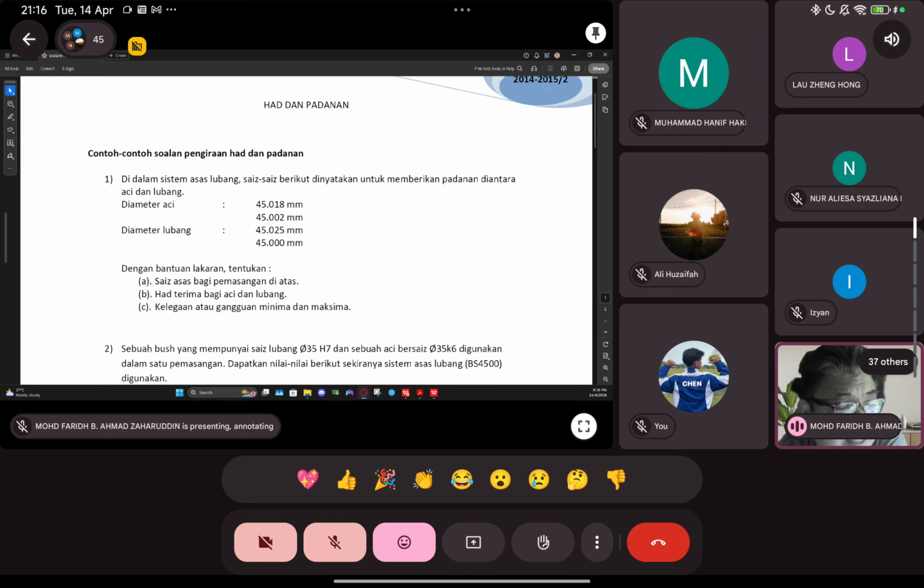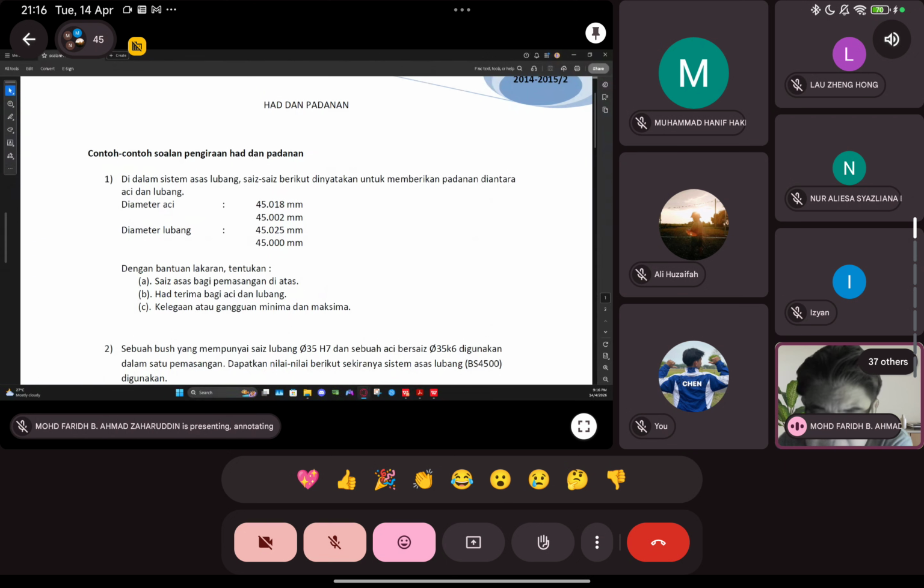Where we take the maximum values, positive and minus. 45.0025, maximum hole size minus maximum shaft size. Yes. Okay. Thank you, Lau Zeng.